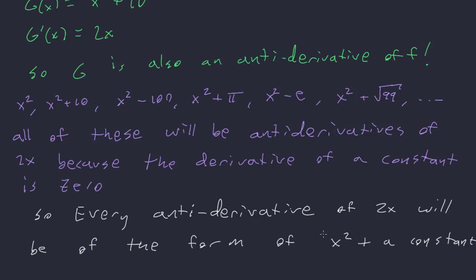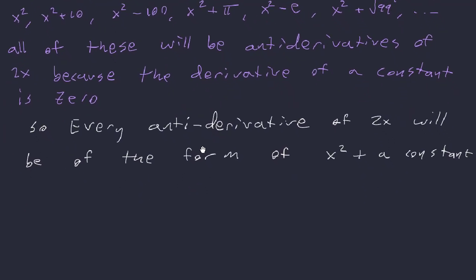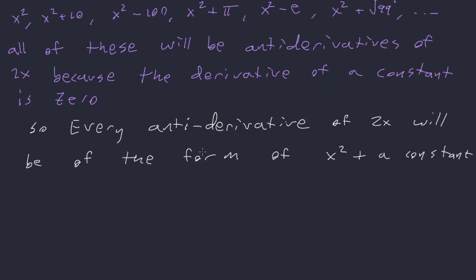That is what we typically look for when we find the antiderivative of a function. The antiderivative is a family of functions that represent every antiderivative of the function we're looking at.